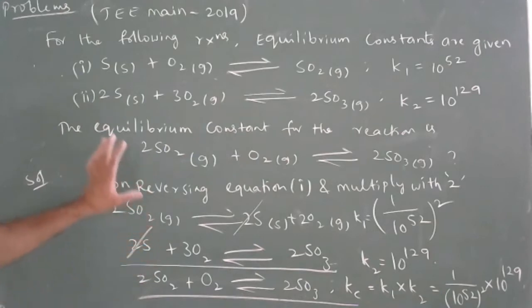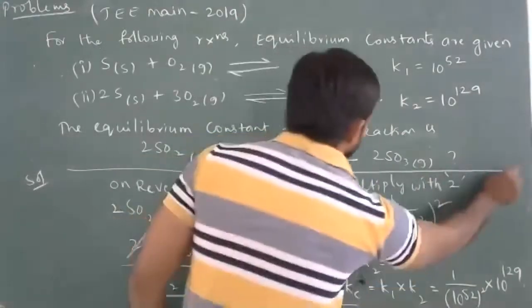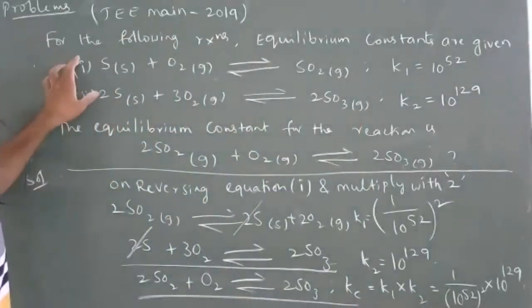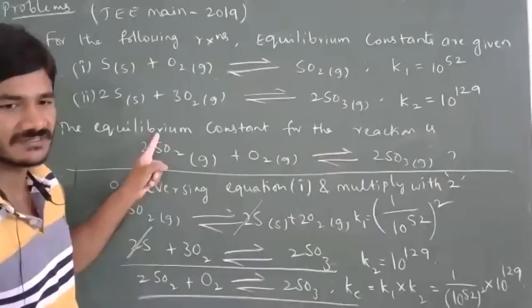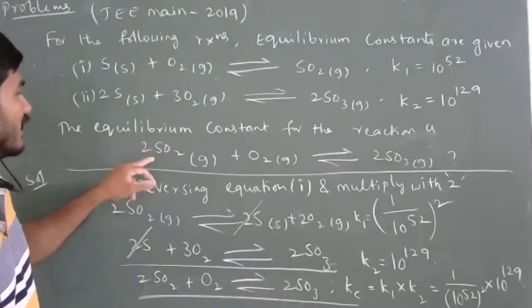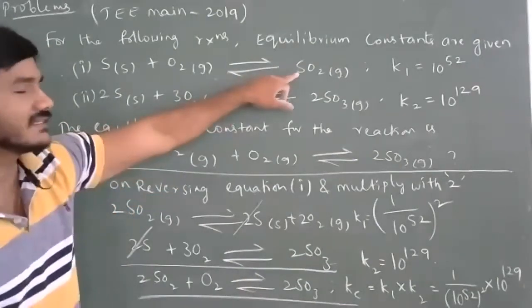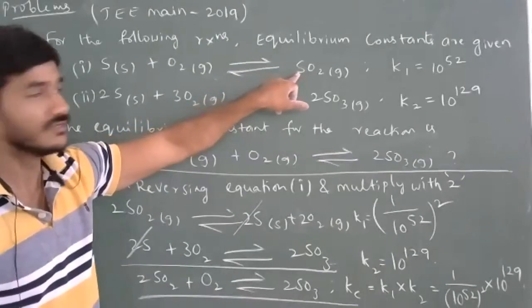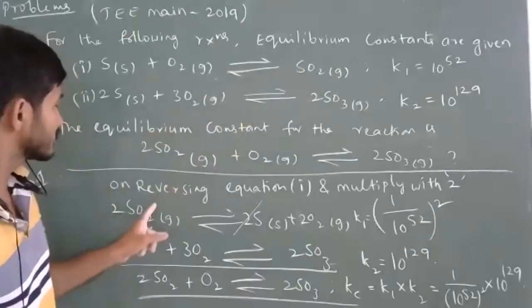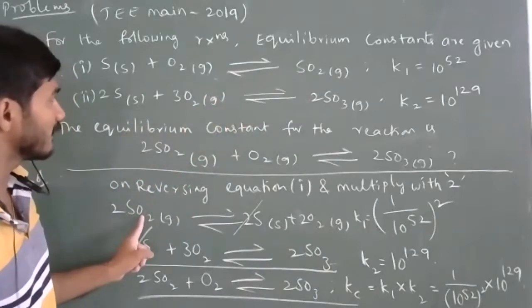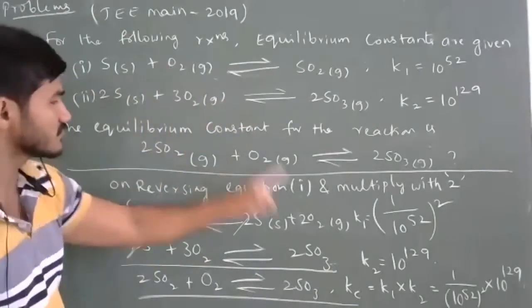Is this problem clear? I'll explain once again, listen. This is the given problem. Two equations are given, and by using them we have to find the equilibrium constant for the third equation. In the third equation we have 2SO2, while the first equation has SO2. So I'll reverse this and multiply with 2, giving 2S plus 2O2.